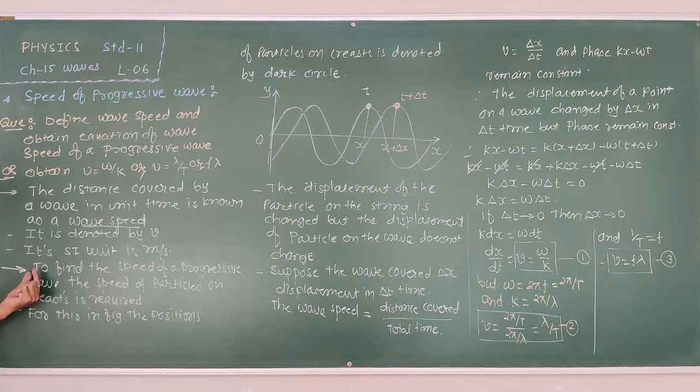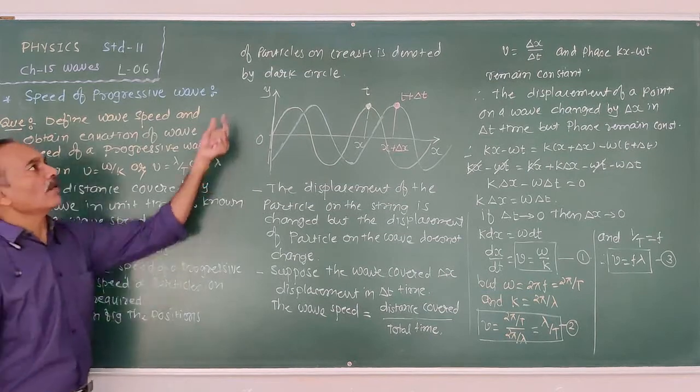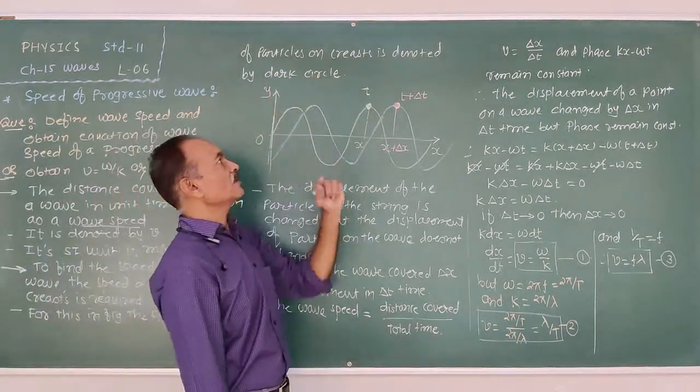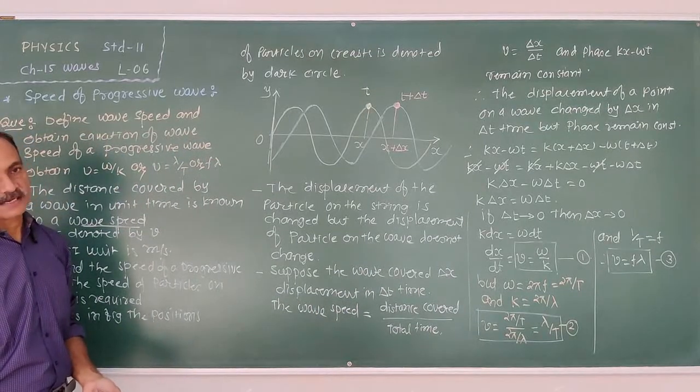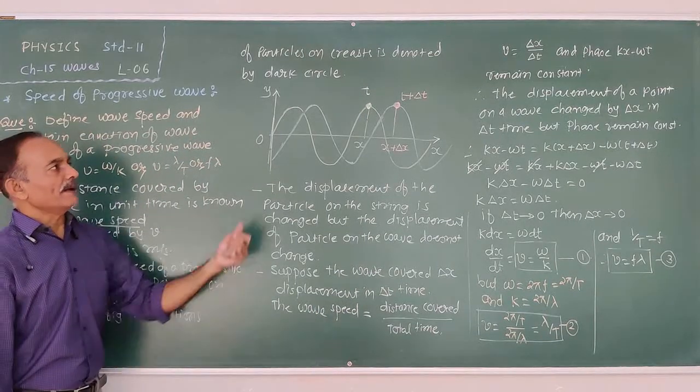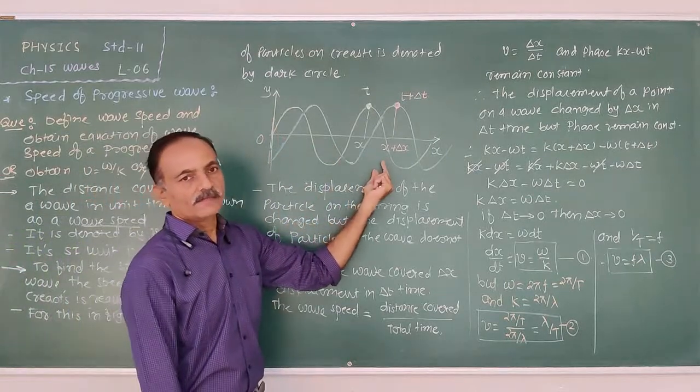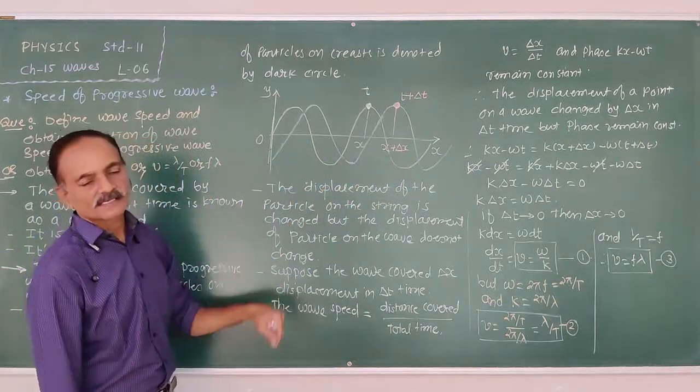Okay. To find the speed of a progressive wave, the speed of a particle on the crest is required. For this, in the figure, the position of particles on the crest of a wave is denoted by a dark circle. For that purpose, here we draw the diagram, position versus displacement.